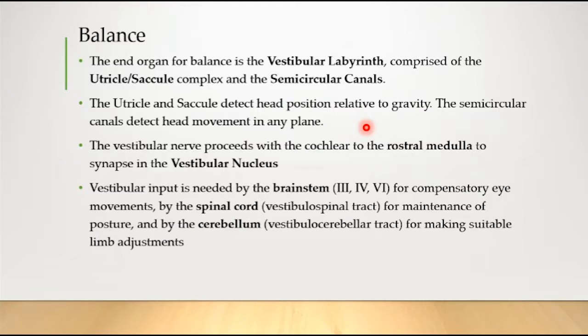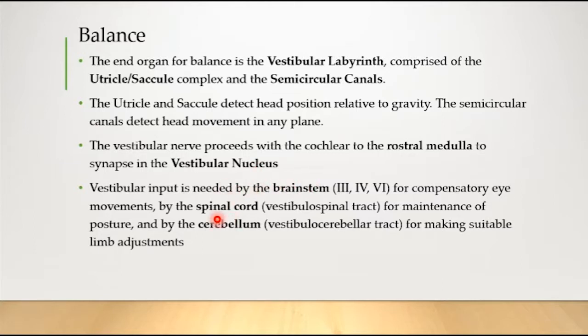Then the vestibular system is the balance. It comprises the labyrinths, the utricle and saccule complex, and the semicircular canals. They detect position relative to gravity, and movement in any plane. The vestibular nerve proceeds to the rostral medulla to synapse with the vestibular nucleus.